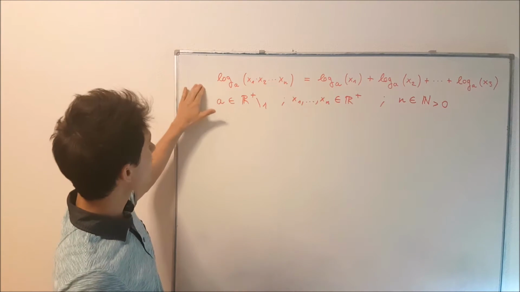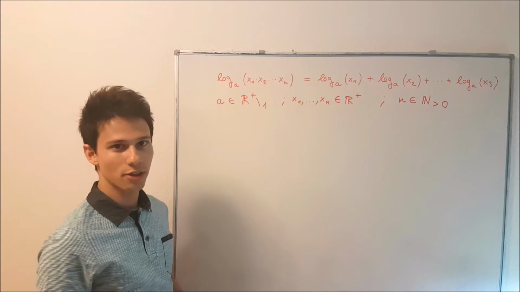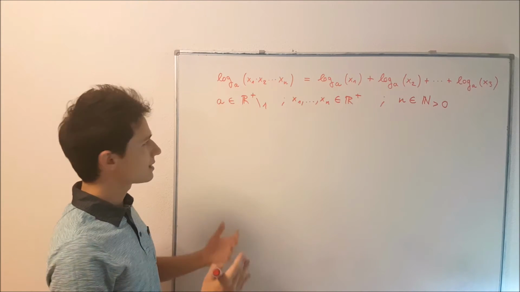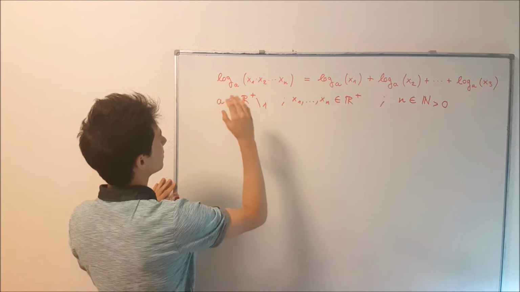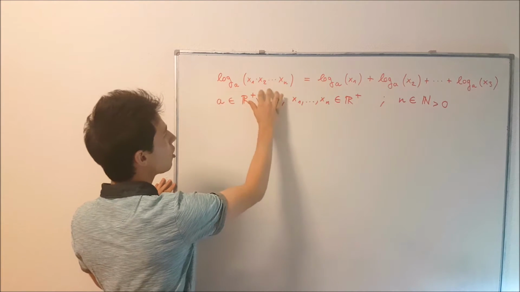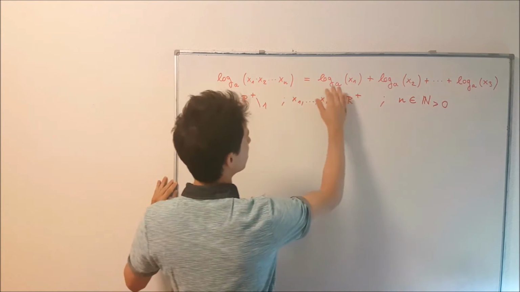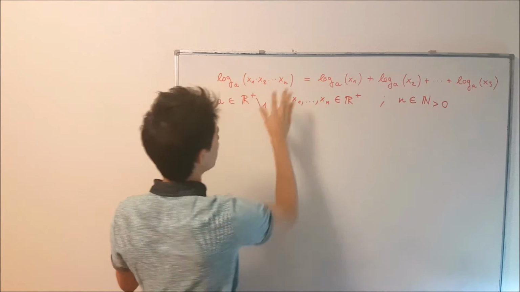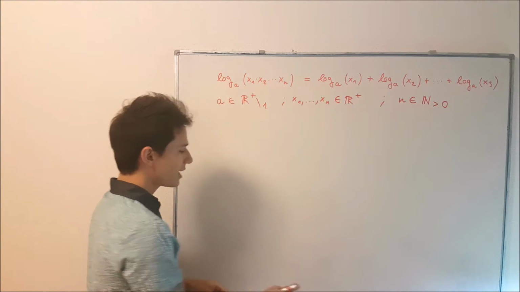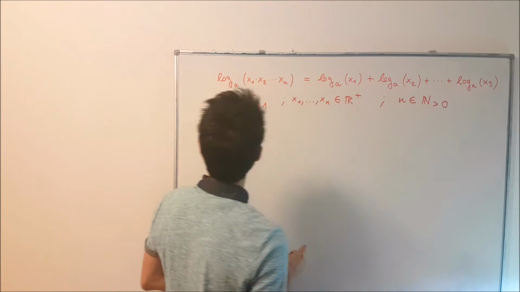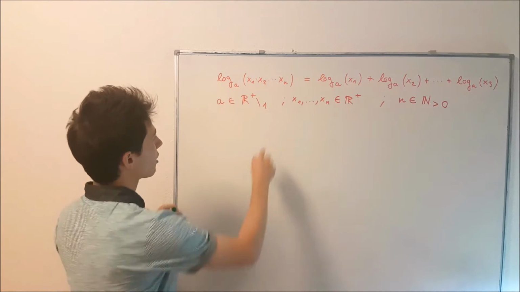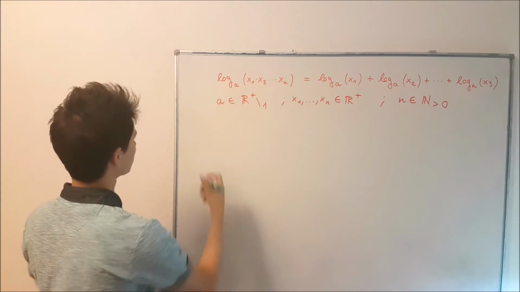So this is the general product rule for logarithms, and it basically states that the logarithm of a product of factors can be rewritten as the sum of the logarithms of all these factors. Now in your textbooks you mostly find the rule where n equals 2.